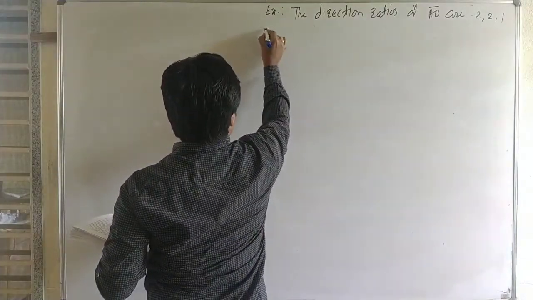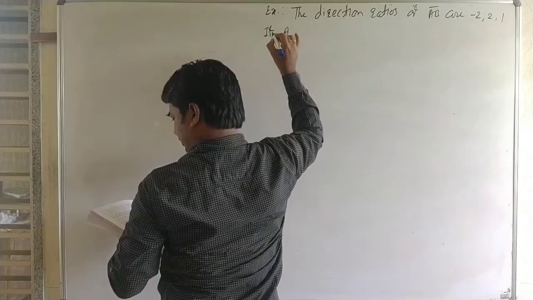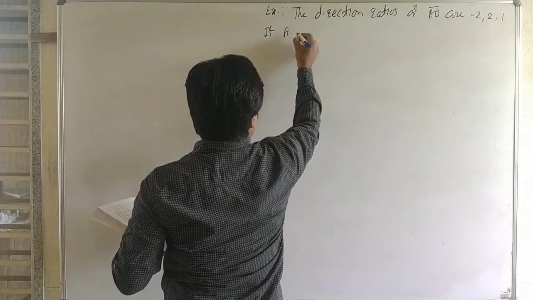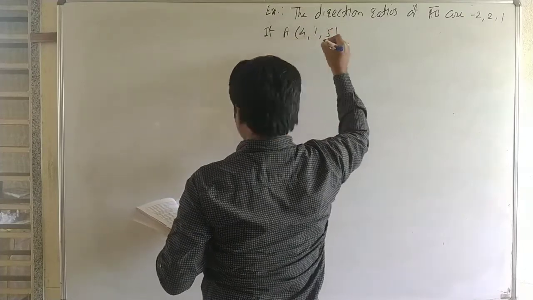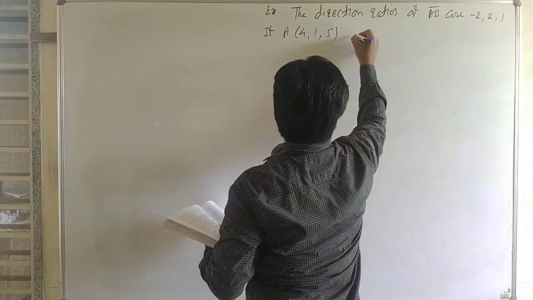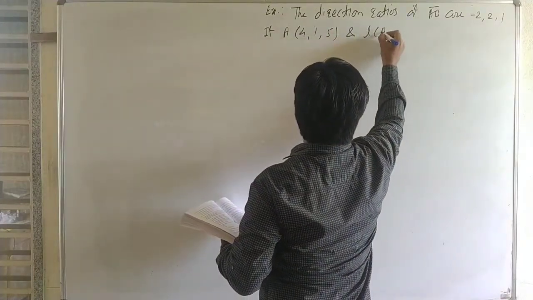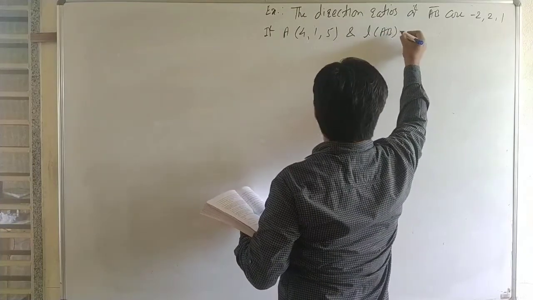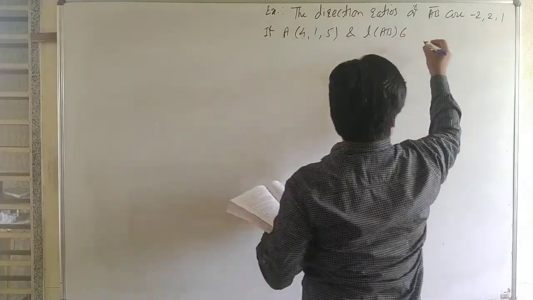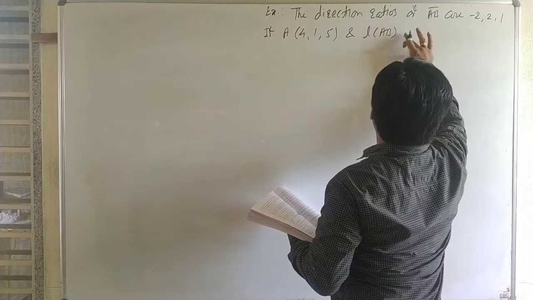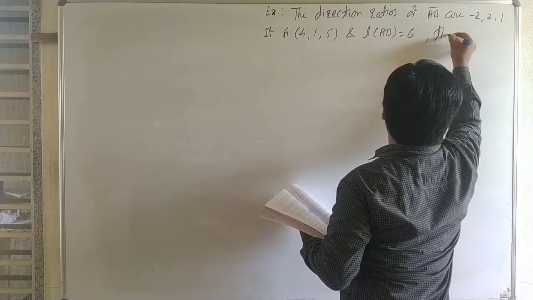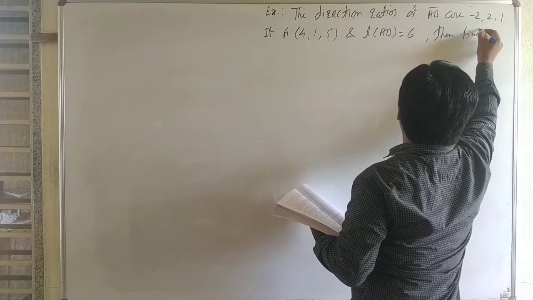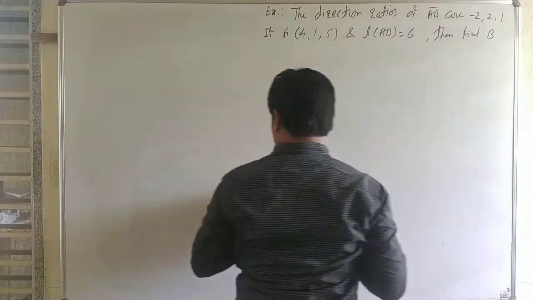If A is (4, 1, 5) and the length of AB is 6, then find B.